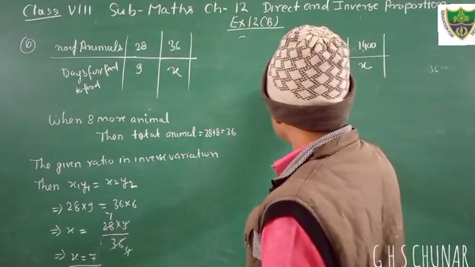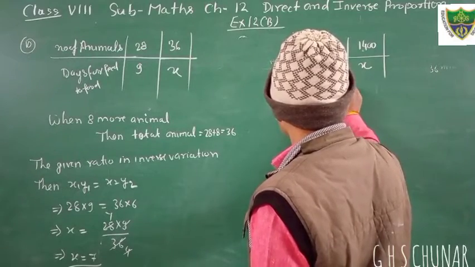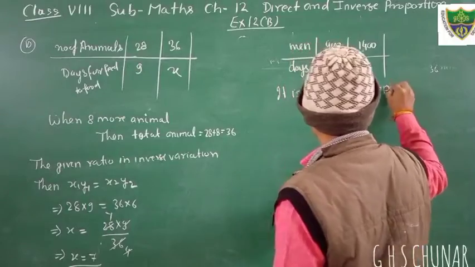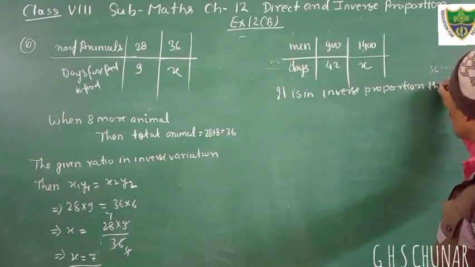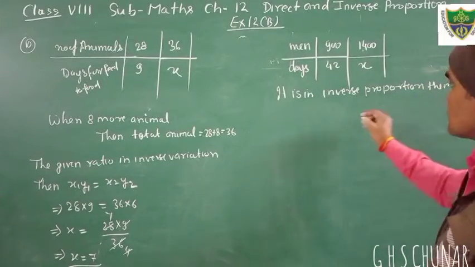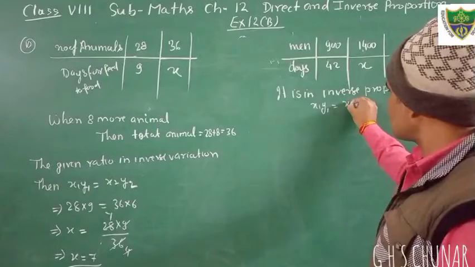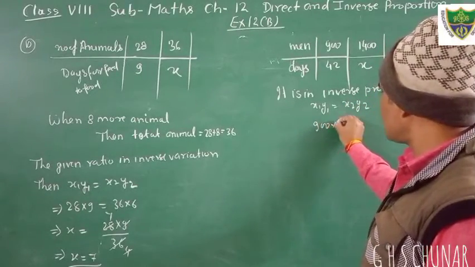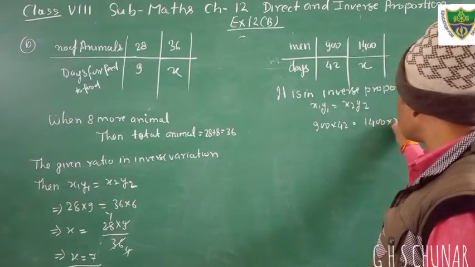Now it is in inverse proportion, then x1 y1 is equal to x2 y2, that is 900 into 42 is equal to 1400 into x.